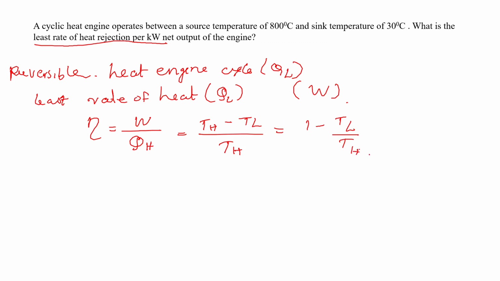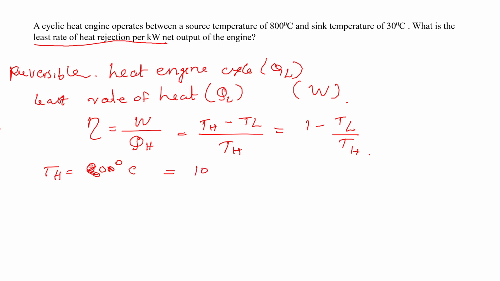Now we just have to do the calculation. What are the things given here? TH is the source temperature, 800 degrees Celsius. In the first class itself I told you that temperatures in degrees Celsius have to be converted into Kelvin to solve the problem.